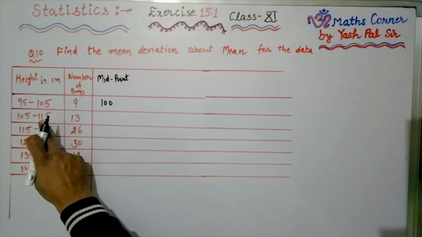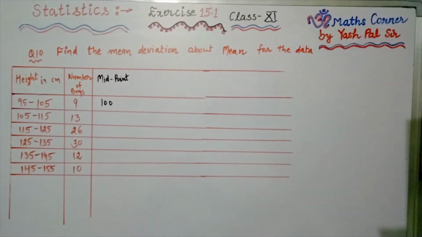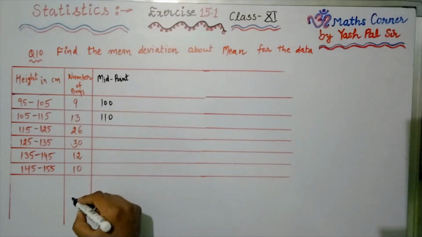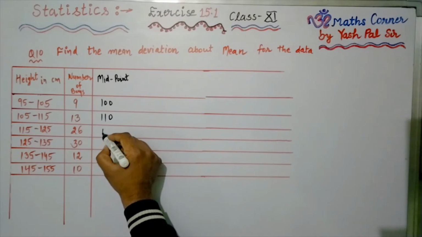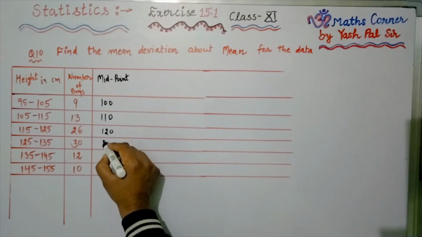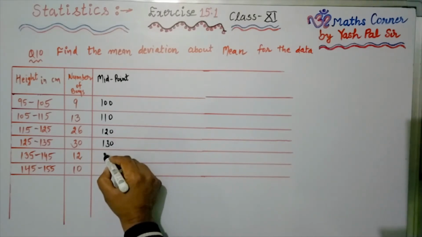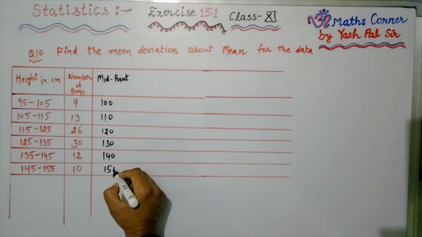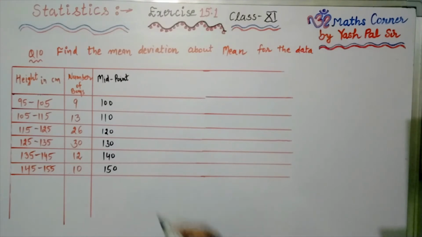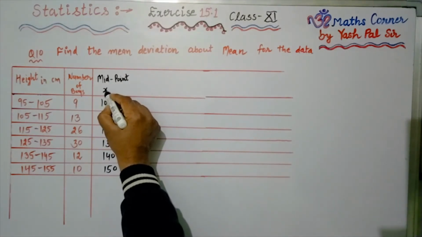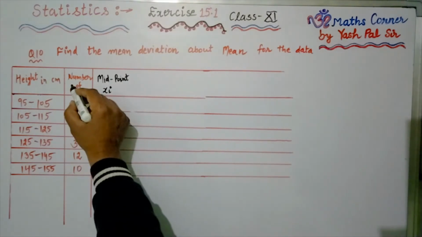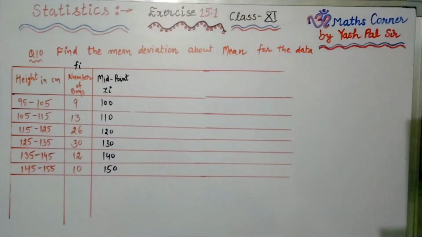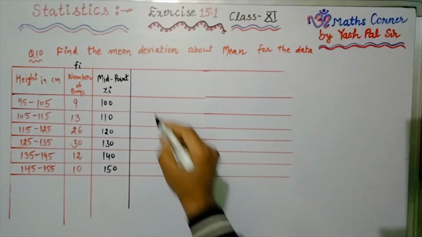Here 105 plus 115 divided by 2, 110 is the midpoint. Similarly, 120 is the midpoint. 130 is the midpoint. 140 is the midpoint. 150 is the midpoint. Okay, so the midpoint we name this xi. Number of boys, this is fi.